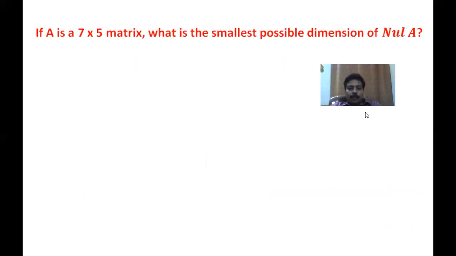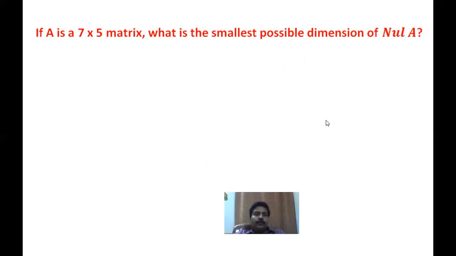And this is one more problem. If A is a 7 by 5 matrix, what is the smallest possible dimension of null space A? So the largest possible rank is 5, from our previous discussion.